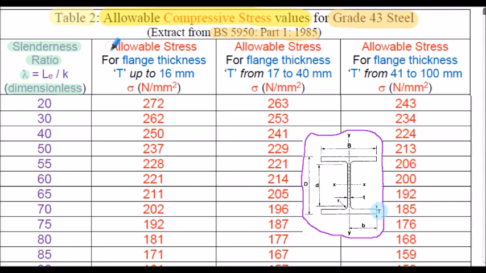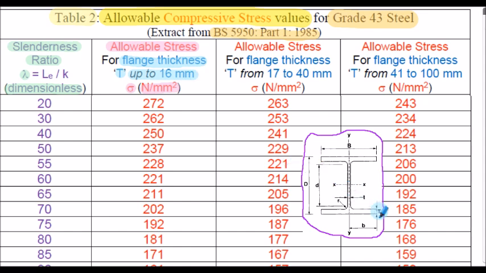In the second column here, we have the allowable stress, sigma, stated in newtons per millimeter squared, or of course that could be meganewtons per meter squared or megapascals. But notice the allowable stresses relate to a flange thickness, capital T, shown here on the diagram, of up to 60 millimeters.